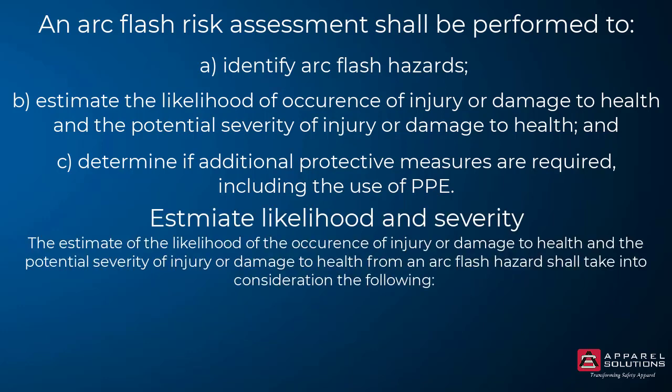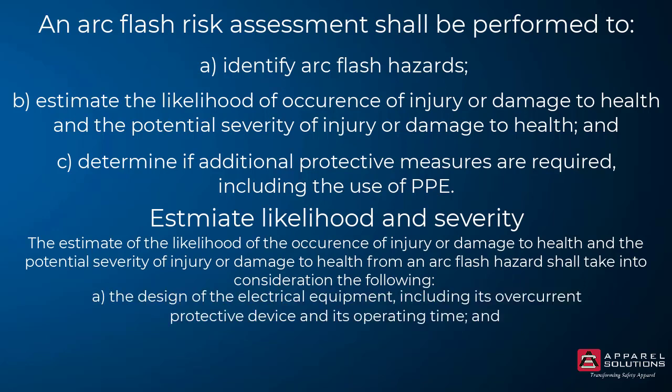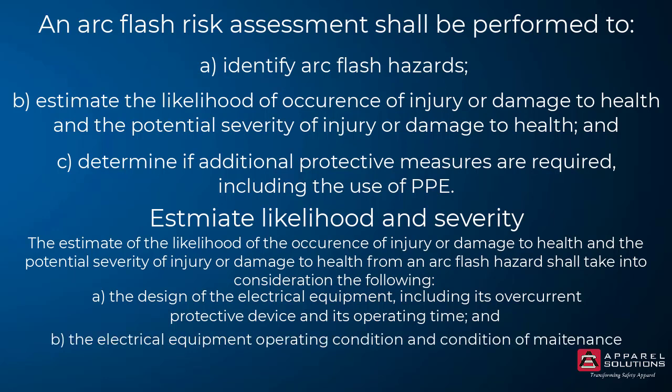Some considerations that must take place include the design of the electrical equipment, including its overcurrent protective device and its operating time, and the equipment operating condition and condition of maintenance.